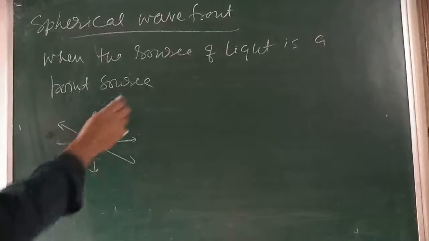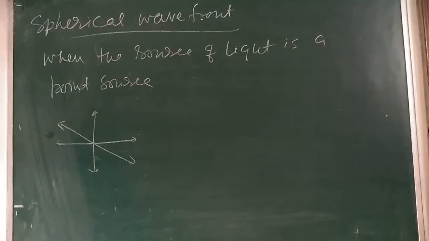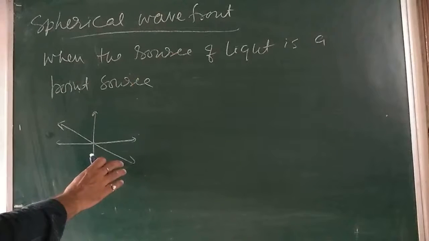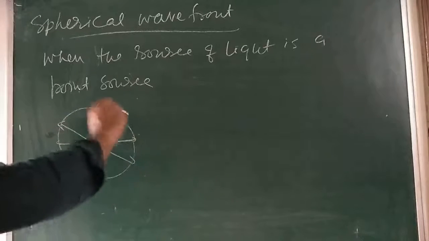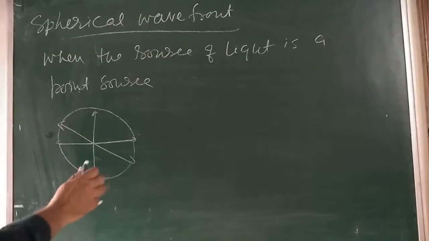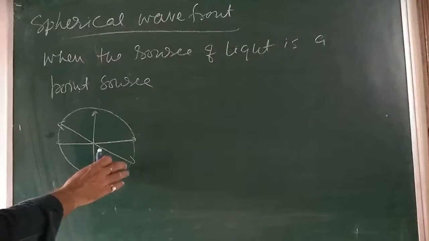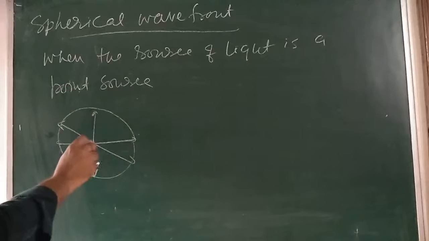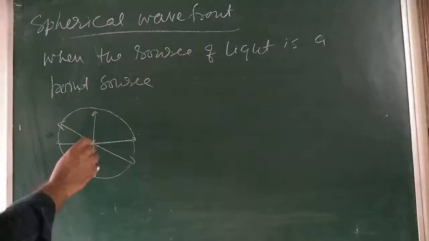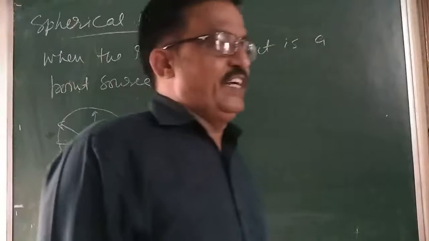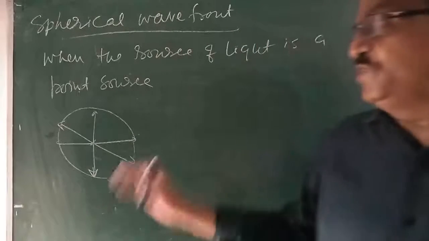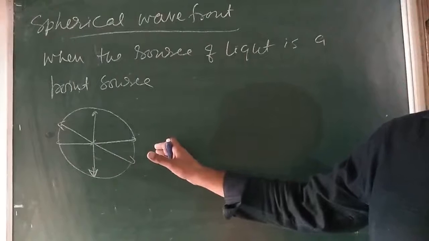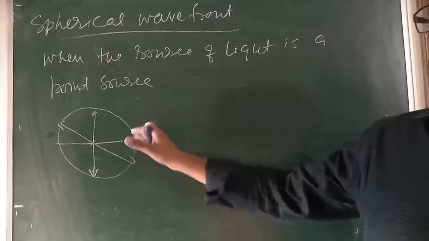When the source of light is a point source, the wavefront is a sphere with the source at its center. This is the locus of all the points. Is it clear? This type of wavefront is called a spherical wavefront.